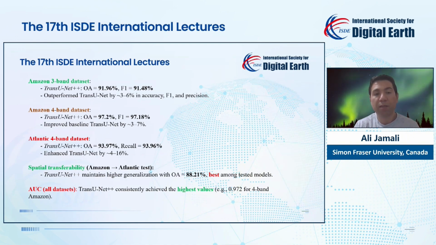For 4-band Atlantic, it reached almost 94% accuracy, and improved the base model by 4 to 16%. And for spatial transferability, the model showed excellent generalization capability. We trained it on the Amazon, tested on the Atlantic, and reached an overall accuracy of 88%.